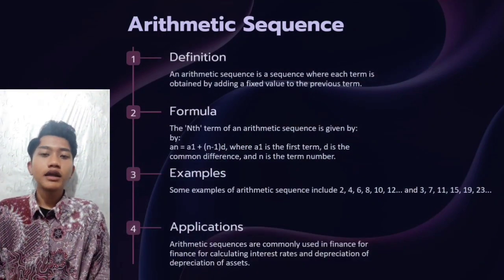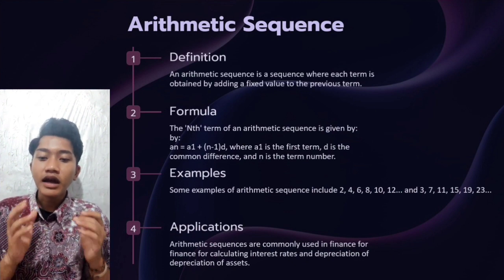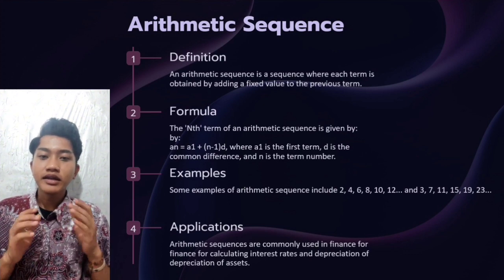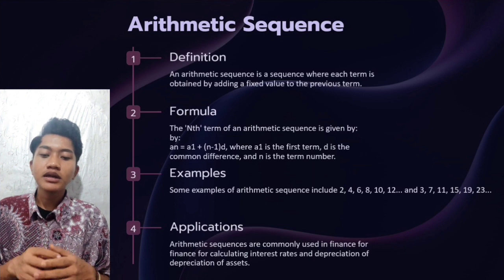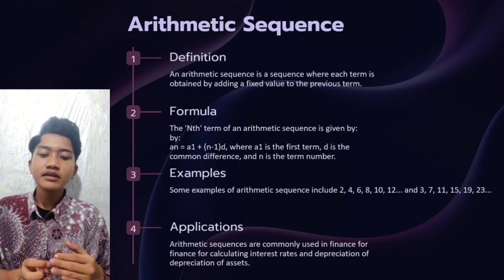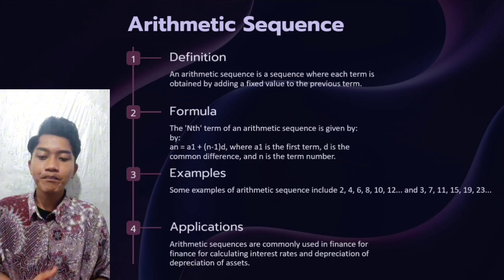Okay guys, next to point 3: arithmetic sequence. Number 1, definition. An arithmetic sequence is a sequence where each term is obtained by adding a fixed value to the previous term.